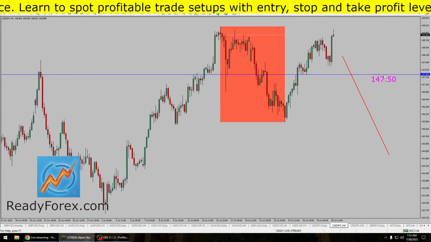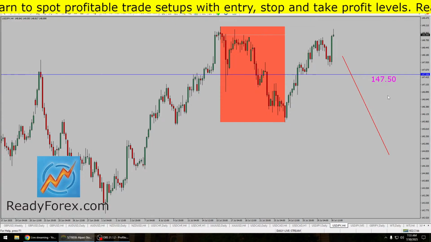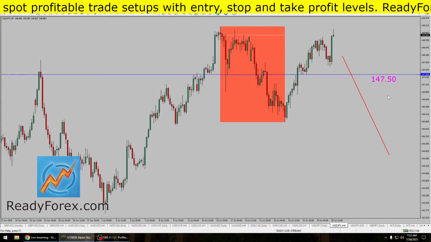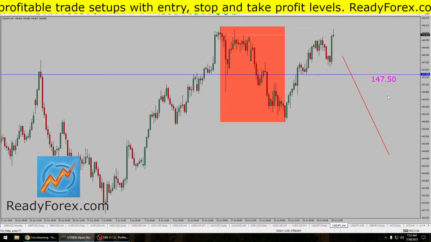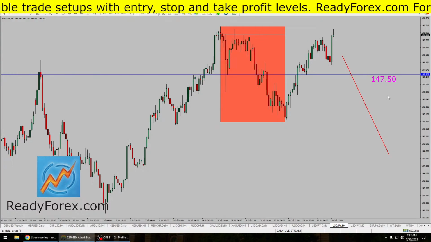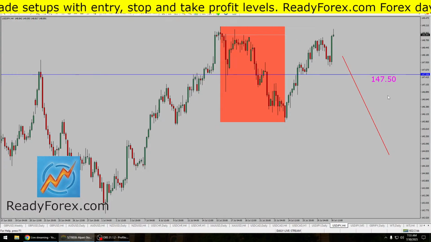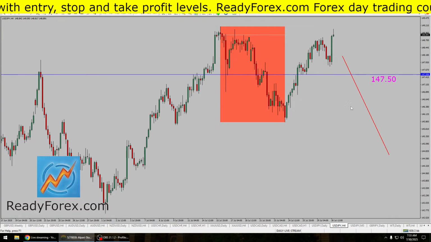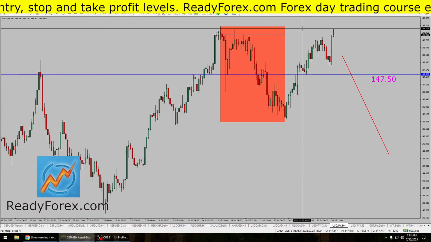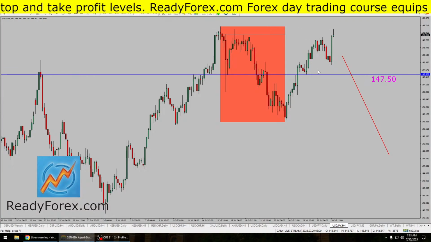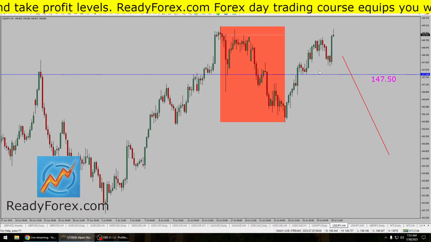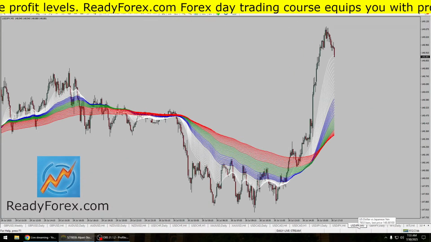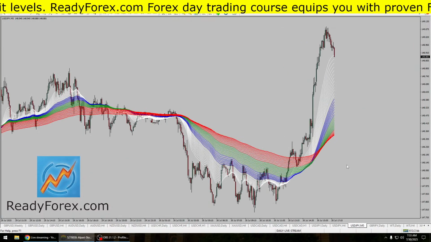Once you get a breakdown below 147.50, that would be a high probability indication that the US dollar versus Japanese yen wants to drop. But if price action just keeps going up, then the trend is up obviously, and there's no need to fight the trend. The trend is up, so go with the flow of the market.